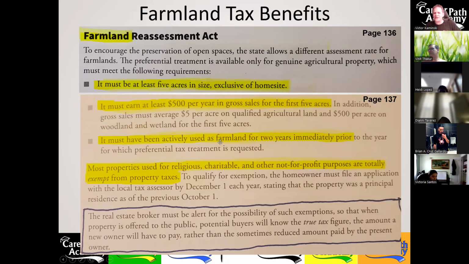It must have been actively used as farmland for at least 2 years immediately prior to the year in which you're going to file for that preferential tax treatment. And most properties used for religious, charitable, and other non-profit purposes get a 100% tax exemption. They're exempt from paying property taxes.